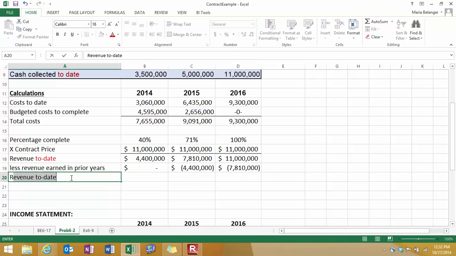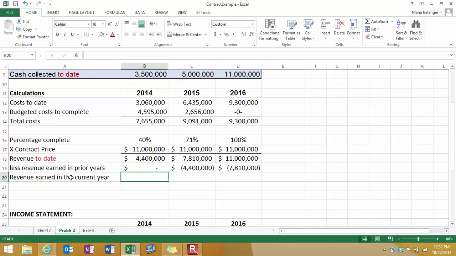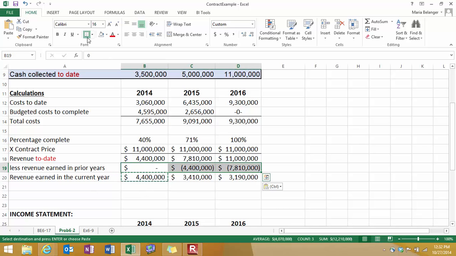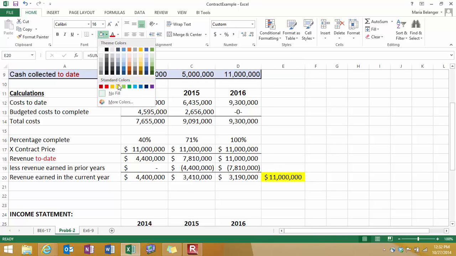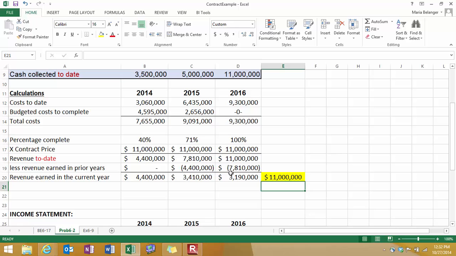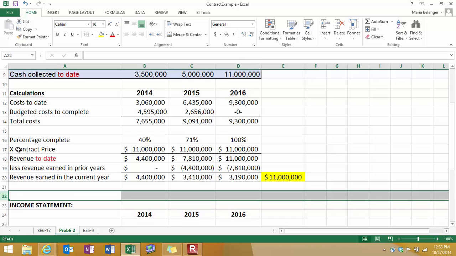And that gives us the revenue earned in the current year. We'll use a check figure to make sure that our numbers are accurate. So if I add across, I know that my numbers are accurate if my check figure is the contract price of $11 million and it's spread out over the 3 years in which the work is done. I can now transfer this data into our income statement right here.